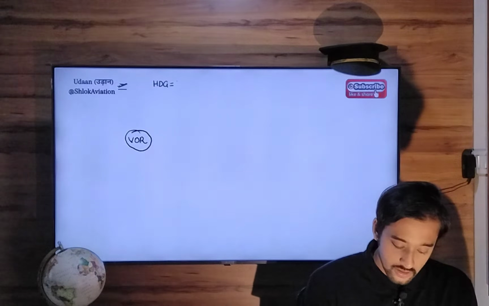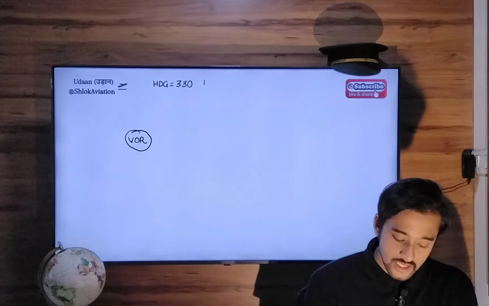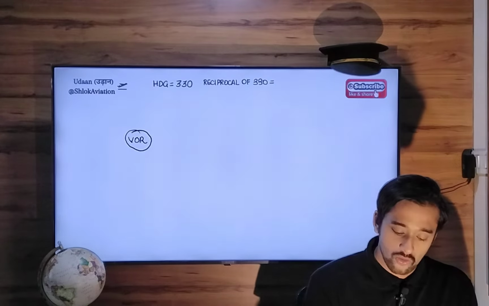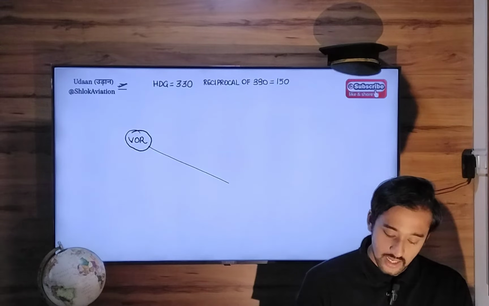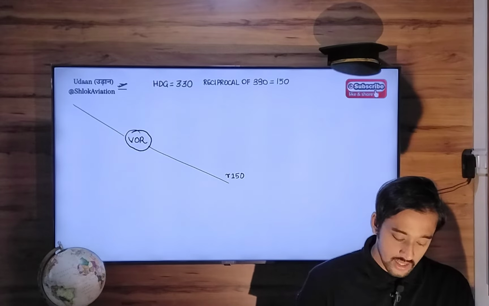Heading of 330. So the reciprocal of 330 is 150, right? So that means there is a radial 150, there is another radial 330.